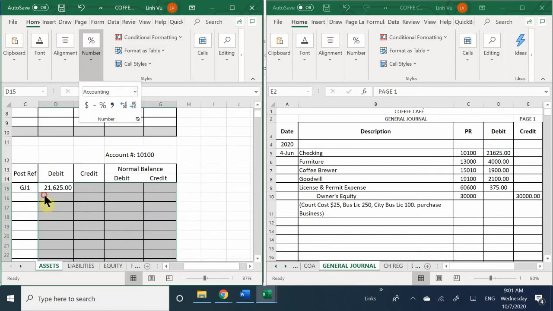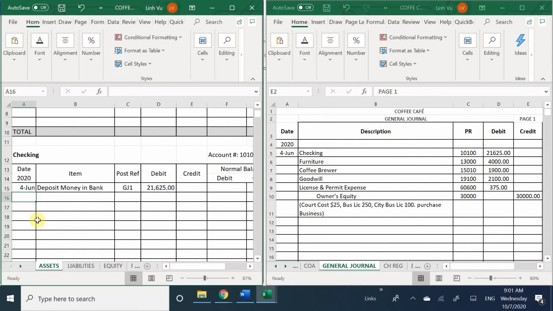So here I've entered in that I'm increasing my checking account by $21,625. Here is where the normal balance is going to be.